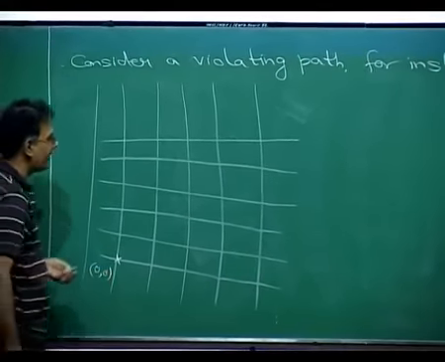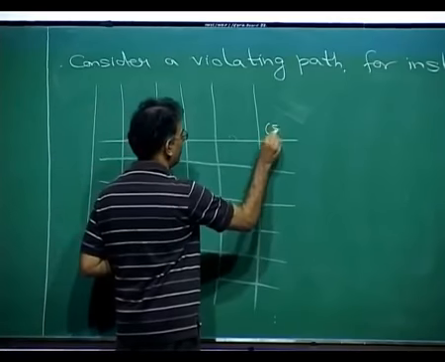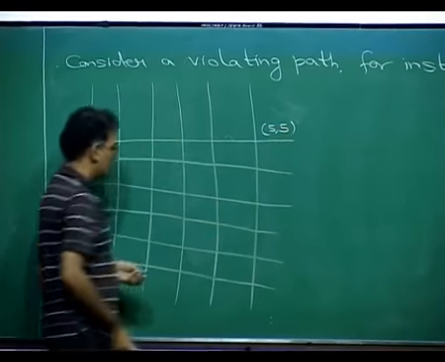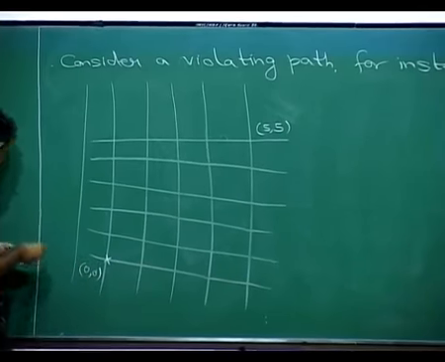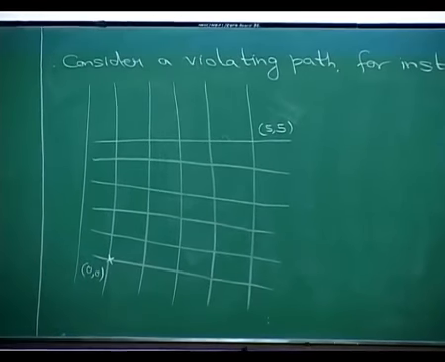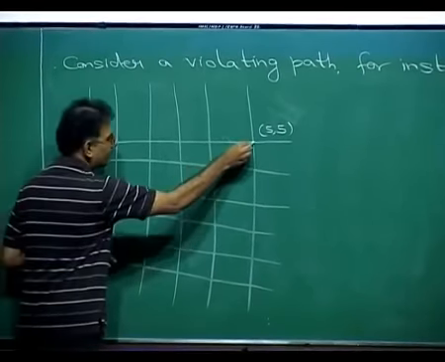I'll take n to be 5. Here is the point 5, comma 5. And here's the diagonal.